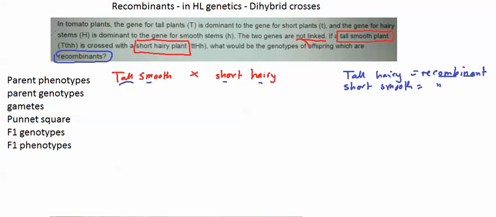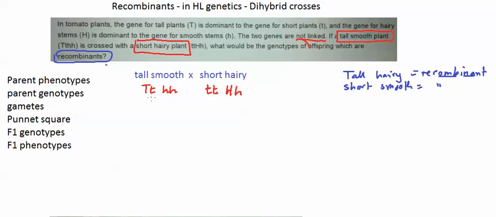But let's work through the question starting from scratch. And we're going to look at the first thing, which are the genotypes of the parents. So we've got the tall smooth, which is the genotype given to us in the question. And we write it like this because there's no linkage. You use a different notation if there's linkage. And short, hairy, the gametes.